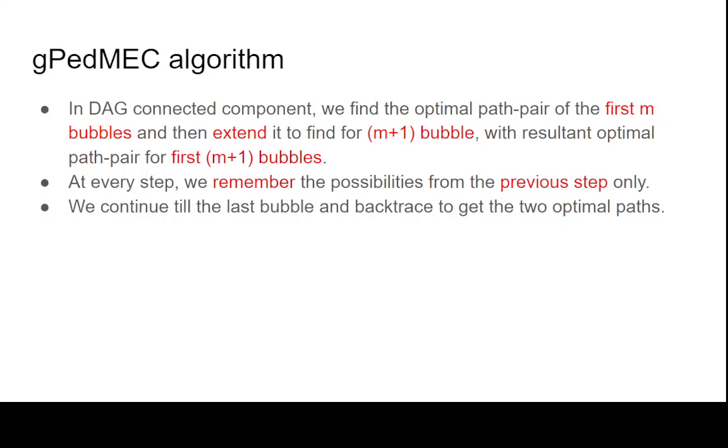Then we iterate until the last, and then we backtrace to get the final haplotypes. At every step, we remember the possibilities only from the previous step, so this helps to make the algorithm linear in the number of bubbles. We continue until the last bubble, and then backtrace to get the optimum paths corresponding to this global optimum.